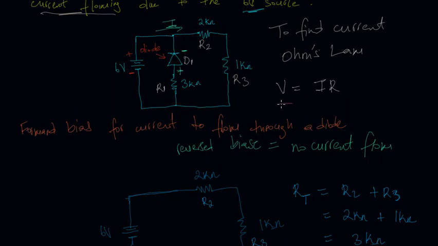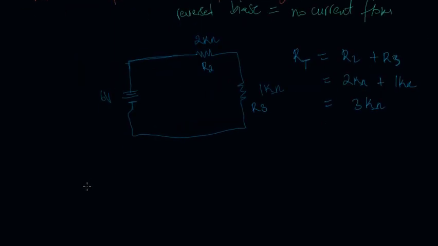So we're going to employ our Ohm's law equation, right? So taking Ohm's law equation, we can write V is equal to I times R. We know our voltage, we know the resistance, which is what we just found right here.